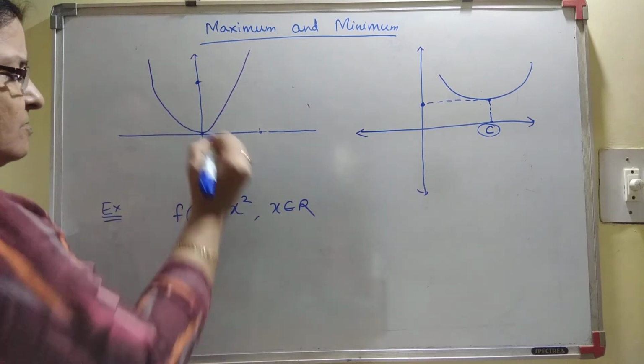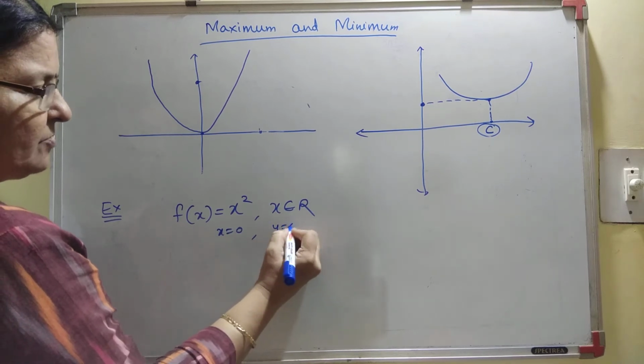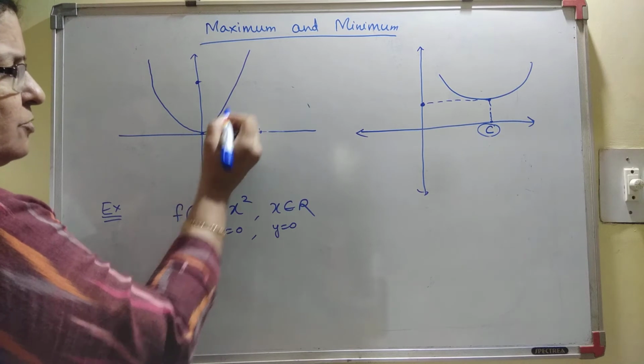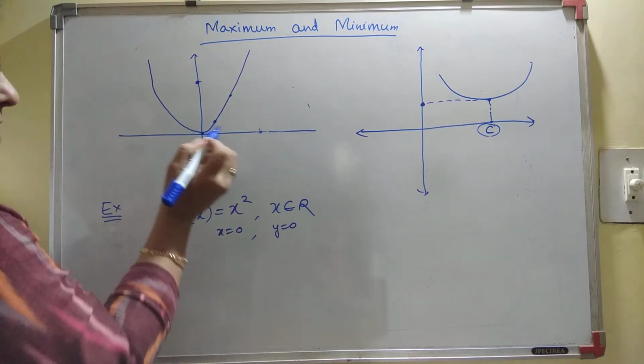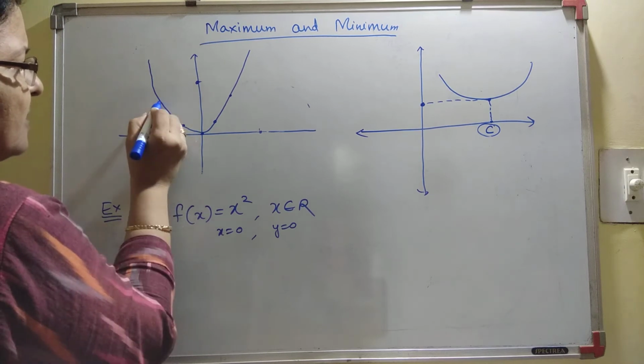If x equals 0, you get y equal to 0. If x equals 1, you get 1. If x equals 2, you get 4. If x equals minus 1, you again get 1, and if x equals minus 2, you again get 4.